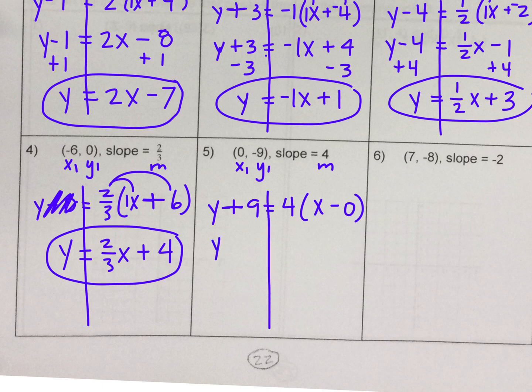Left side, we just bring down. Right side, I'm going to distribute. 4 times 1 is 4x. 4 times 0 is 0. I can write plus 0 if you really want. Minus 9. I end up with y equals 4x minus 9.